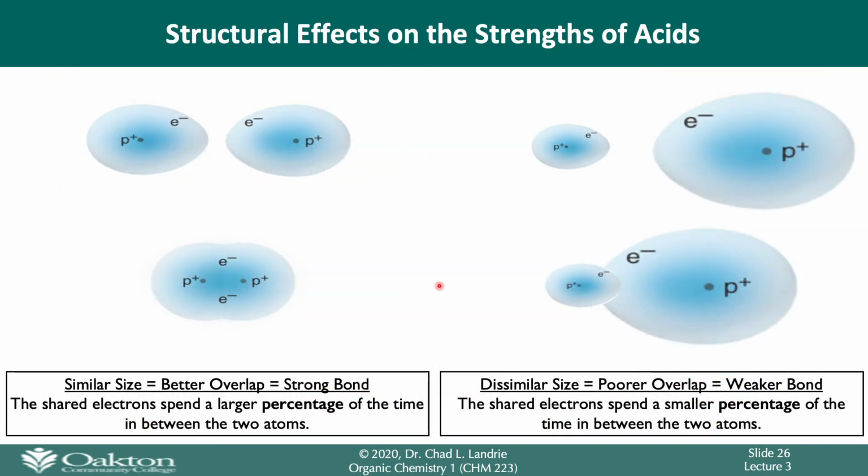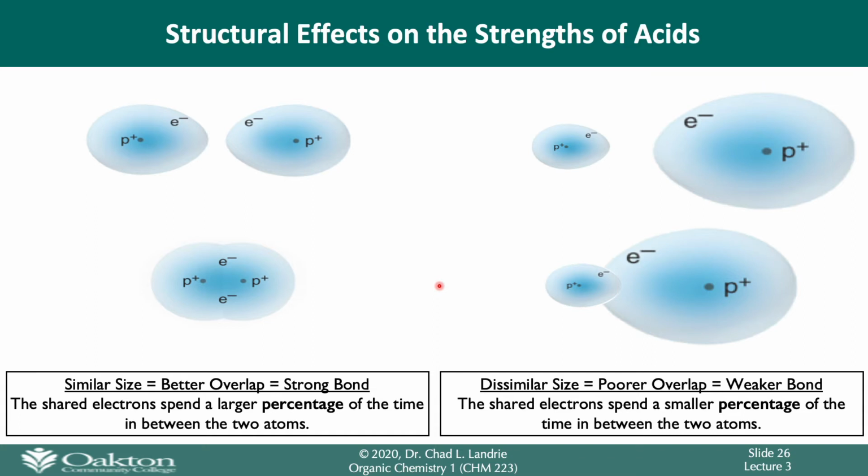So here are two hypothetical cases. We don't know what the actual atoms are, but what I'm showing on the left and the right are two different atoms, and the blue areas are showing you the volume or the size of the orbitals that each electron resides in. On the left-hand side, you can see that the orbitals are similar in size.